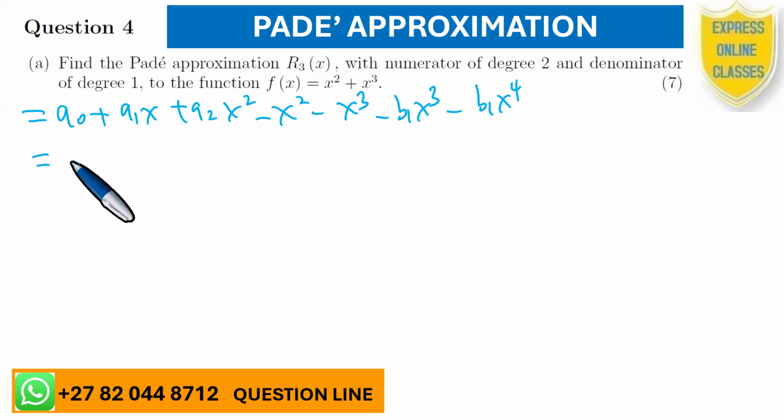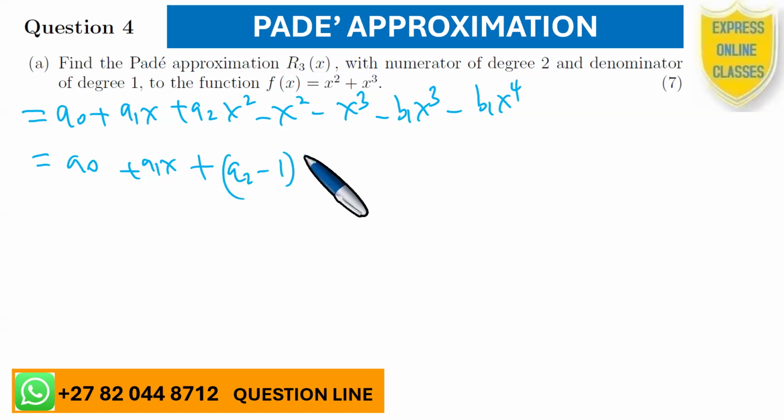So we have only one constant term, a naught. There is a1x, only one linear term. Then the quadratics are two, like a2x squared minus x squared, giving us a2 minus 1 x squared.